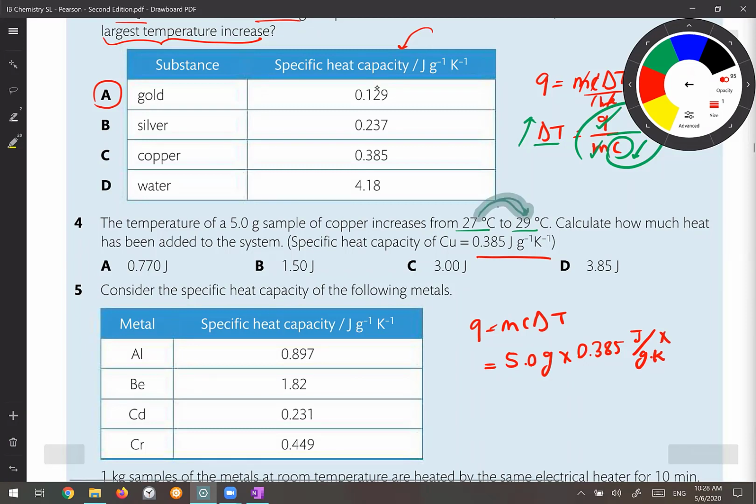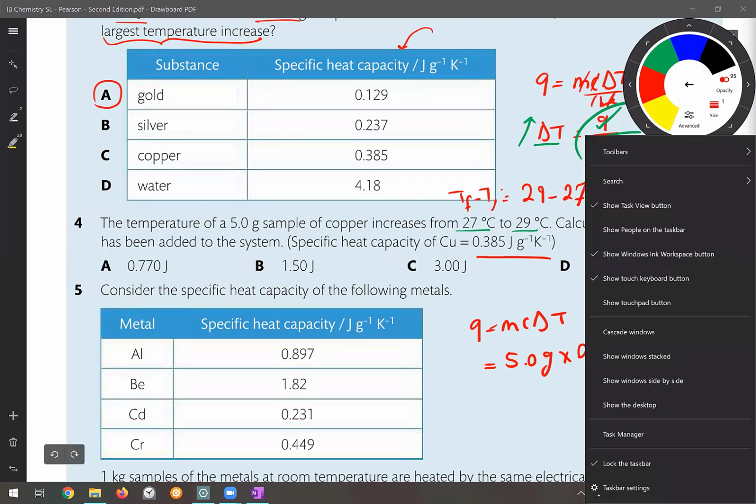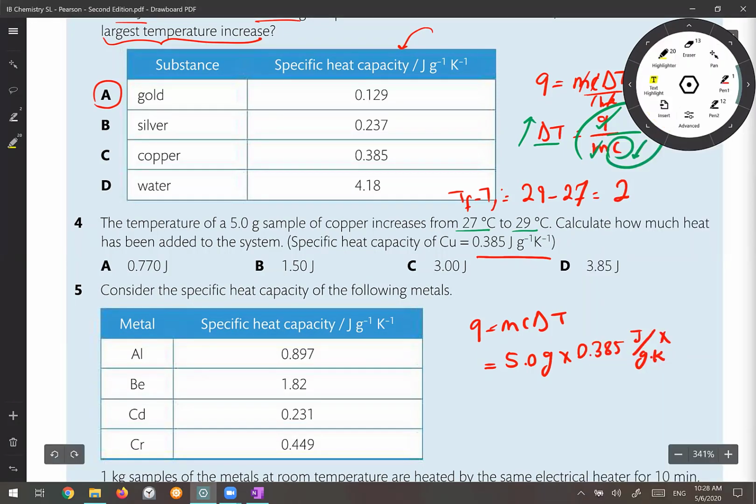What is the delta T here? The delta T is T final minus T initial. So it's 29 minus 27. It becomes 2. Here, you don't have any decimal point. Here also you don't have decimal point. So in the answer also we should not have any decimal point. So the temperature change is 2 degrees centigrade, which is equal to 2 Kelvin.